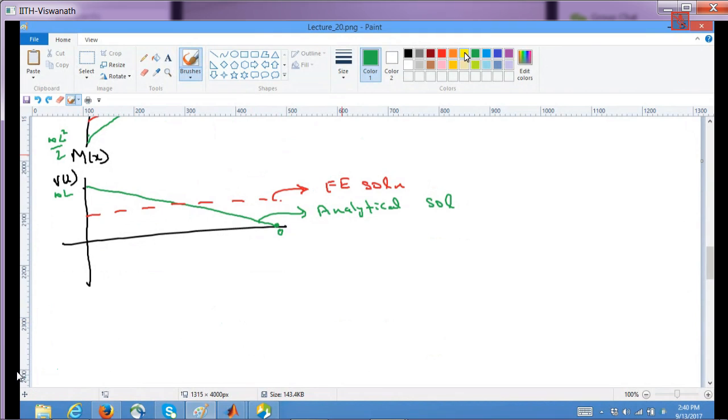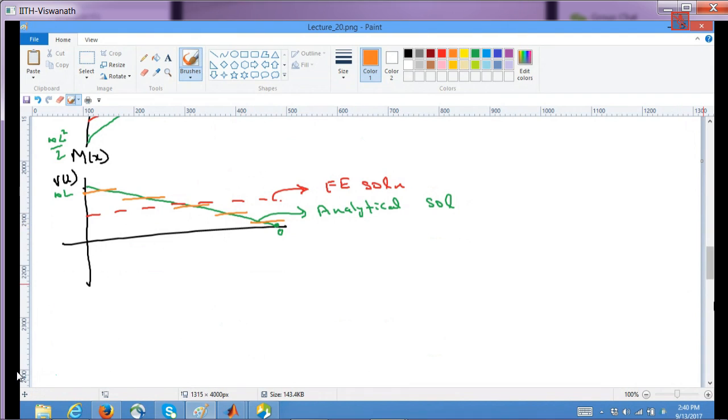Let's say I have 5 elements. Then I can have my shear force something like this. Piecewise, it is linear.